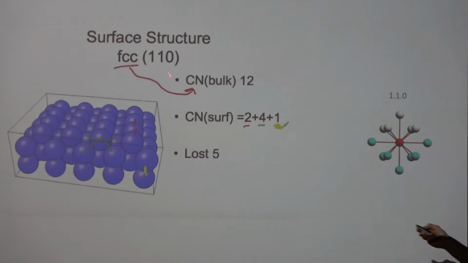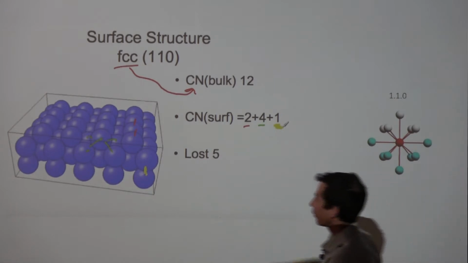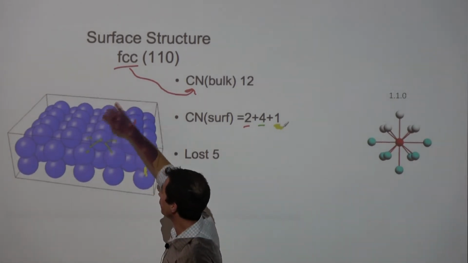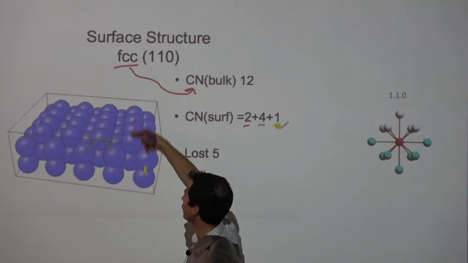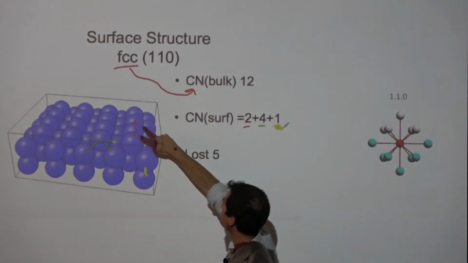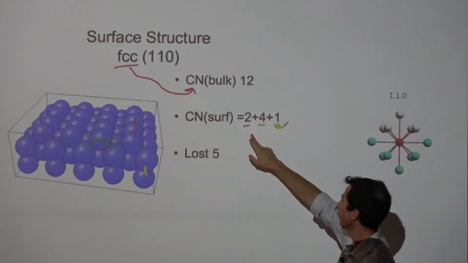Now, let's look at the 1, 1, 0 plane of this same material. It still has 12 nearest neighbors in a perfect crystal, but we're just looking at it through a different slice through this crystal. Here, in this plane, it has 1 on either side. So that's these red ones, right?